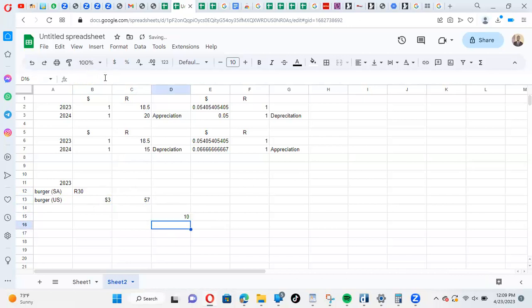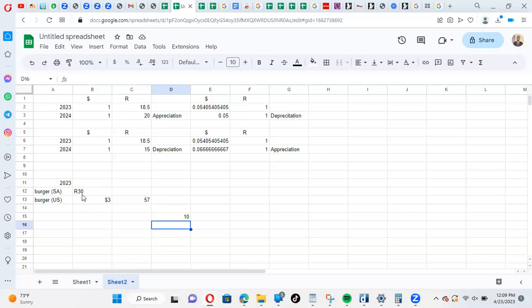What's the difference? There's no change. So the only thing that changed is that. As long as the price hasn't changed, the real exchange rate basically stays the same. So a change in the nominal exchange rate does not mean a change in the real exchange rate.